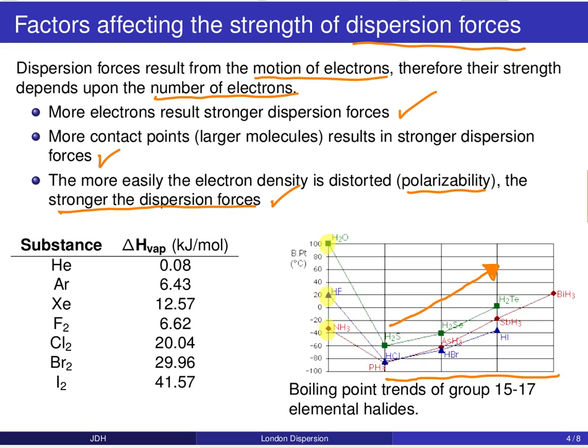So electrons that are further away from the nucleus, they're not held quite as tightly, right? Essentially by definition, and as a result they're more easily polarized. So you have larger compounds, more electrons, more easily polarized elements, and as a result you're seeing stronger dispersion interactions, and we have our steady increase in boiling points that you can see here in our figure.